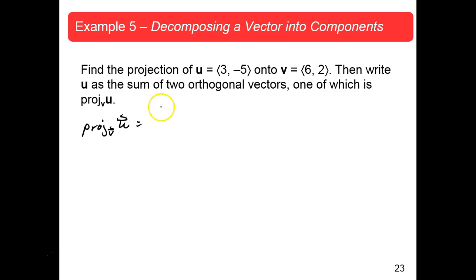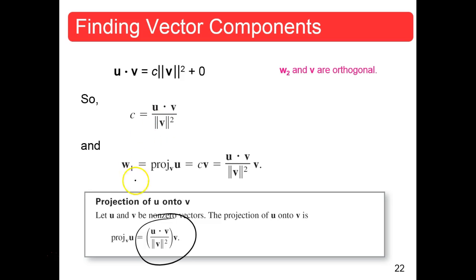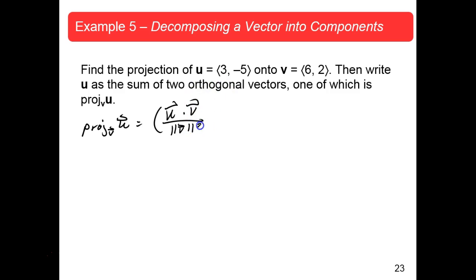Which is u dot v over magnitude of v squared times the vector v. Okay. First thing we do, u dot v. And what is that?